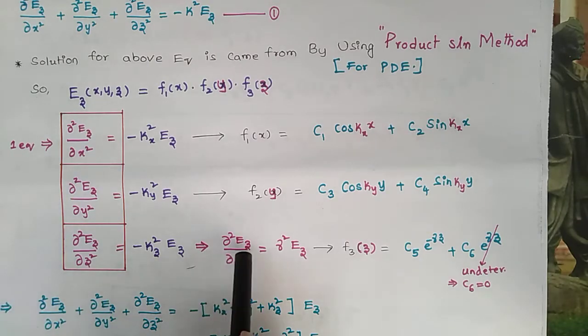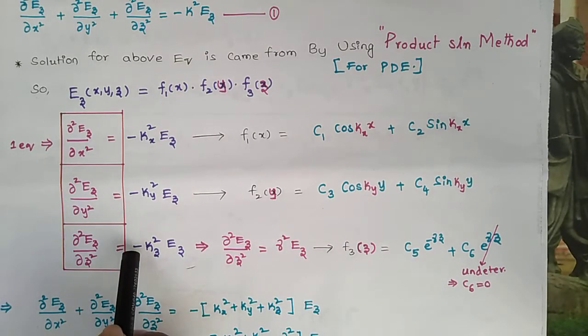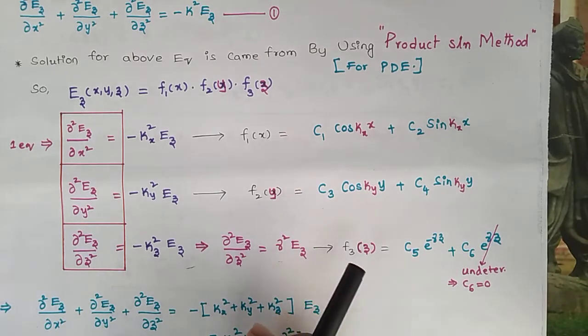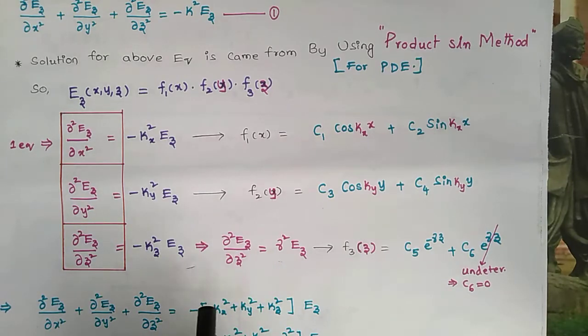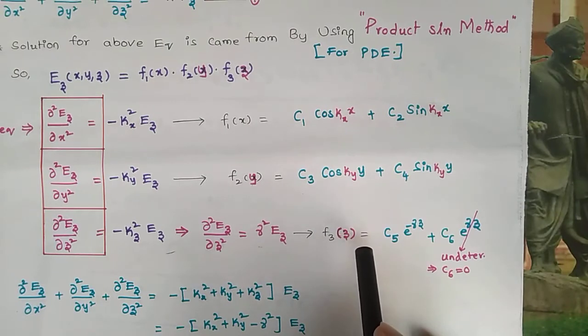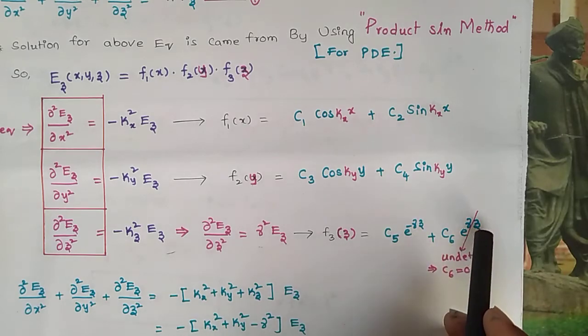So I am taking dou square Ez by dou z square equals gamma square Ez, that is, in place of minus kz square I am taking gamma square. When gamma square has a positive root, purely real with no imaginary part, the solution is f3 of z equals c5 into e to the power of minus gamma z plus c6 into e to the power of gamma z.